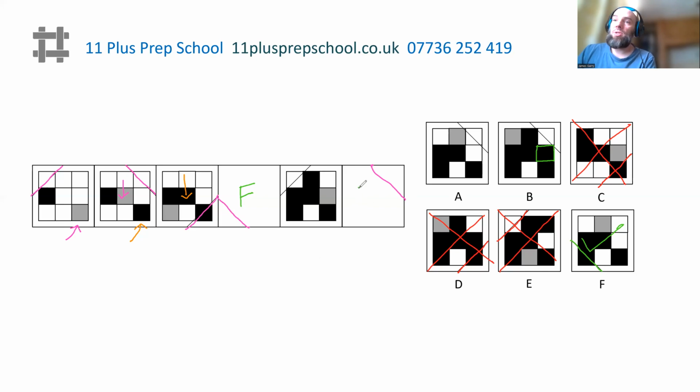So answer option B corresponds to missing figure 6. We can put a nice big green tick through answer option B to show that that's right, and for the sake of thoroughness, let's just cross out answer option A.